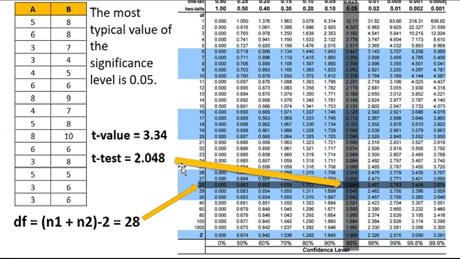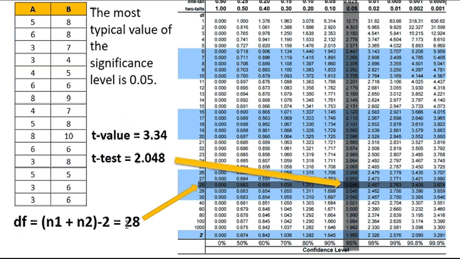So 0.05 is the significance level or the alpha value, and we will also determine the degree of freedom, DF. The degree of freedom is simply the summation of the items from both data sets minus 2.